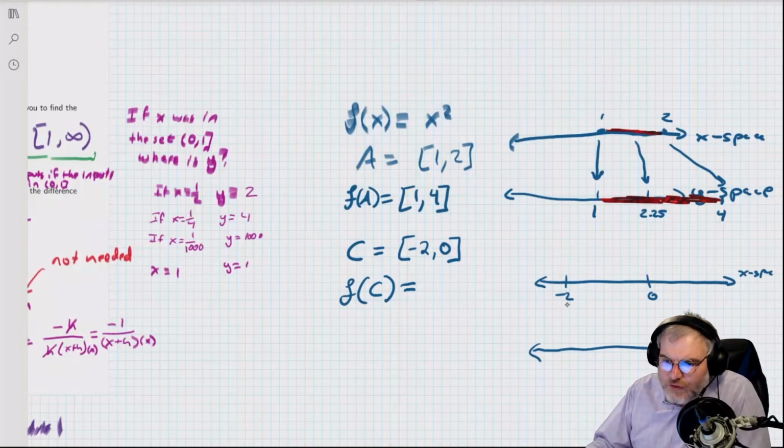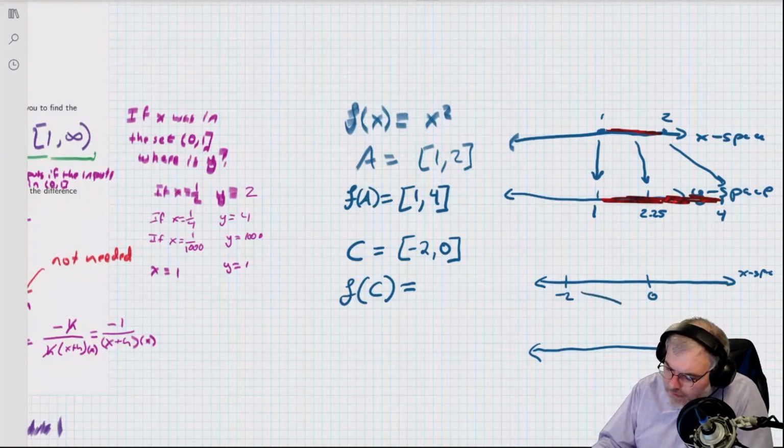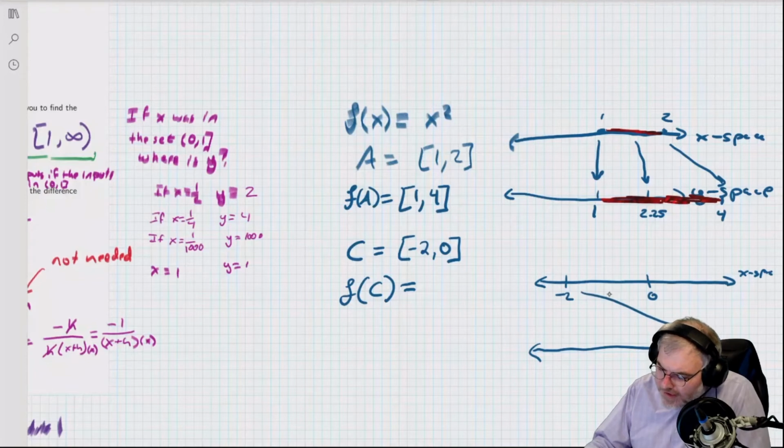Okay, where's negative 2 going to go? Right, negative 2 is going to go up here to 4. Where is negative 1 going to go? Positive 1, exactly. Where is 0 going to go?